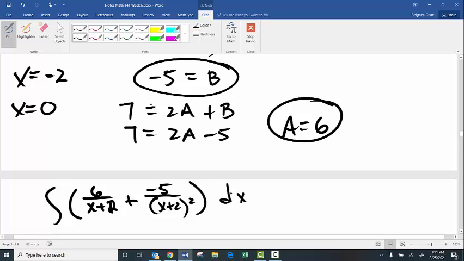So now when you go to integrate this, the integral of 6 over x plus 2 is a natural log. So you get 6 ln absolute value x plus 2, end your absolute value.